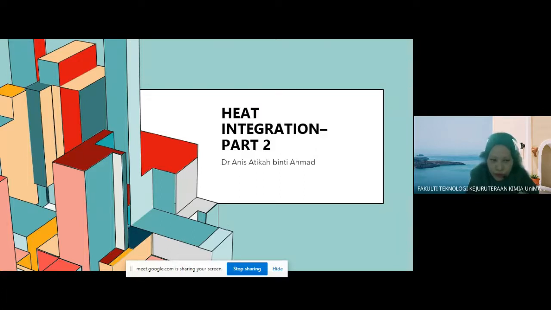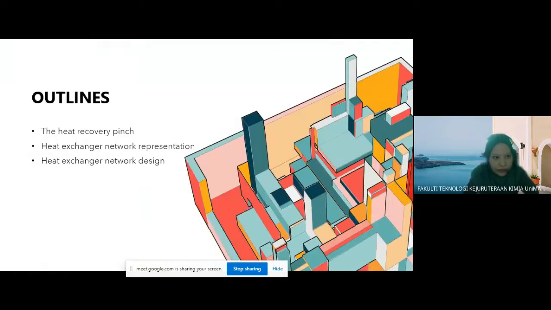Instead, we want to maximize the energy recovery. We want to recover as much as possible the heat from the process. So that's the importance of composite curve and problem table algorithm. Today we're going to look at how to design the heat exchanger network.